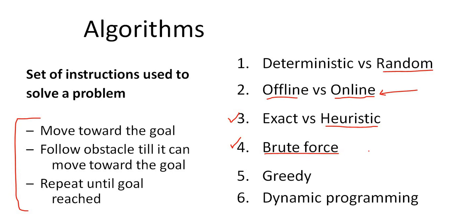They need a lot of time to find the solution, and you can't say that they are very smart algorithms, because they make so many mistakes. They try every possibility, every solution, and then pick the best solution.